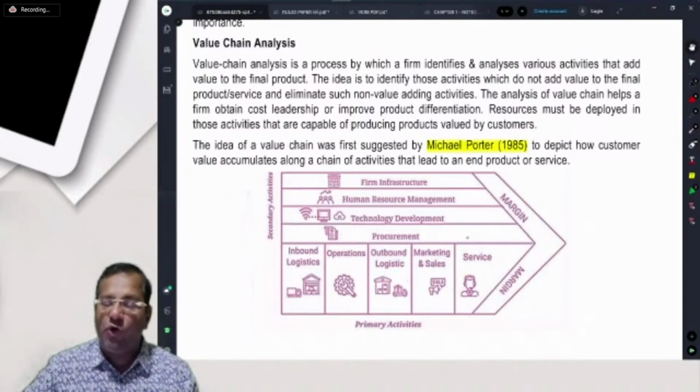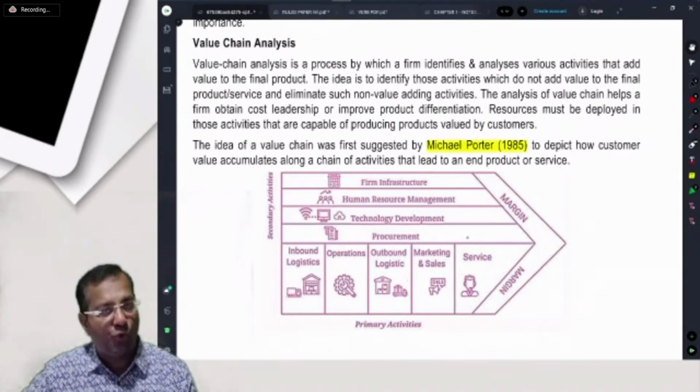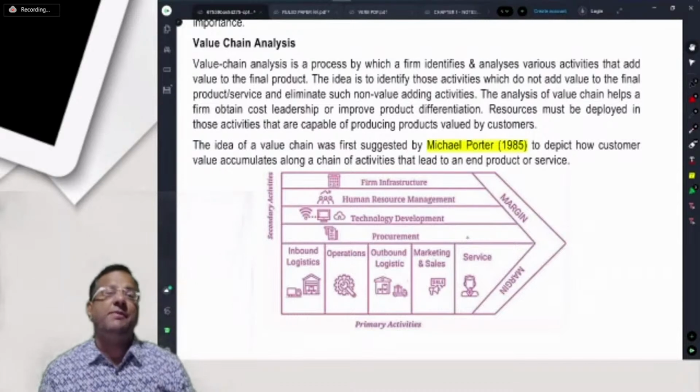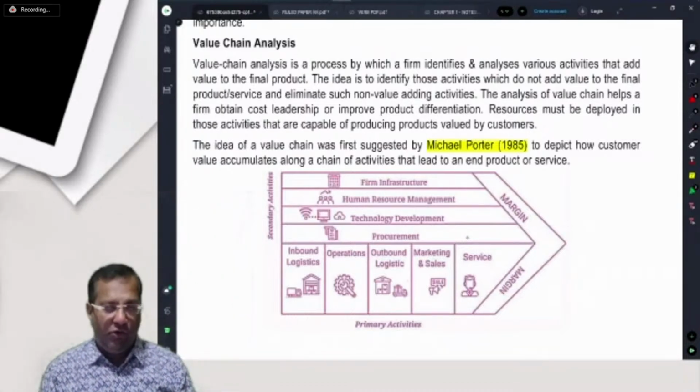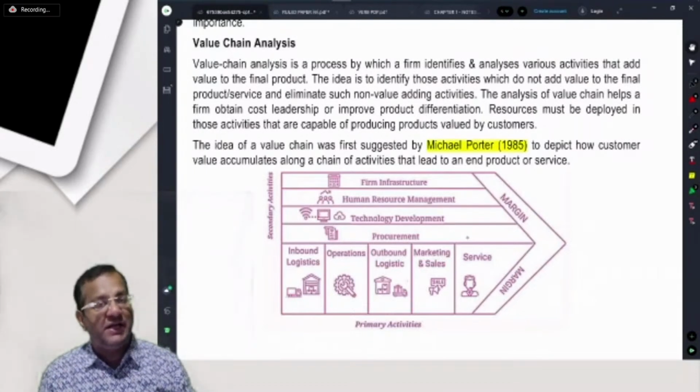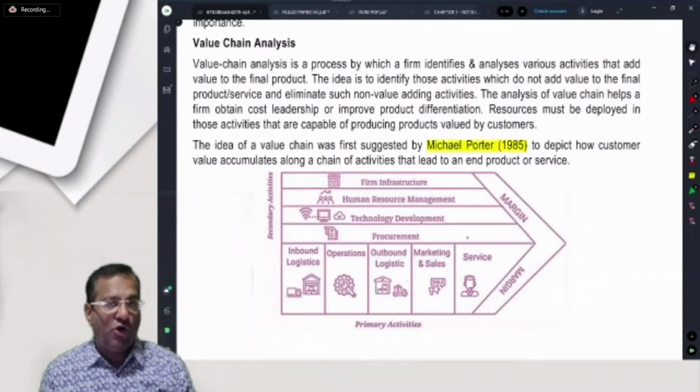And what do you mean by competitive advantage? Competitive advantage can be in the form of product differentiation, or it can be in the form of cost leadership. Then we have understood some of the limitations of traditional cost management, due to which the emergence of strategic cost management is there.